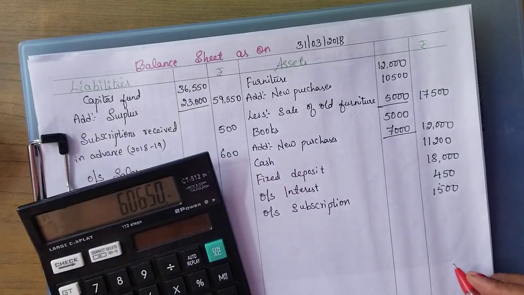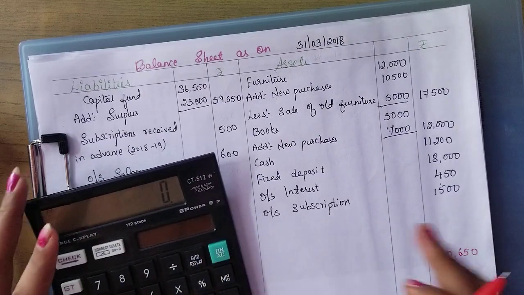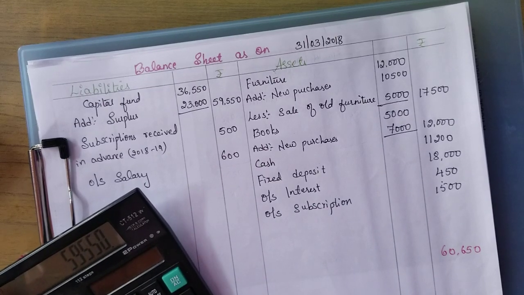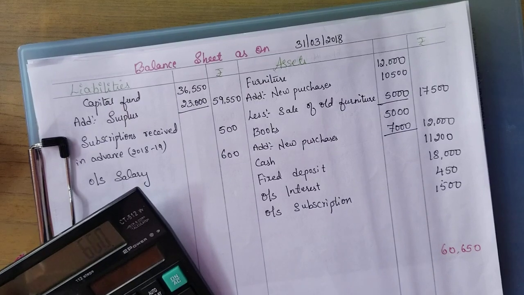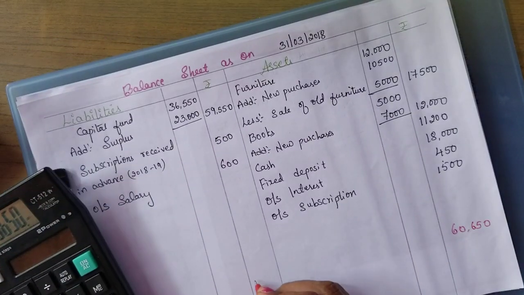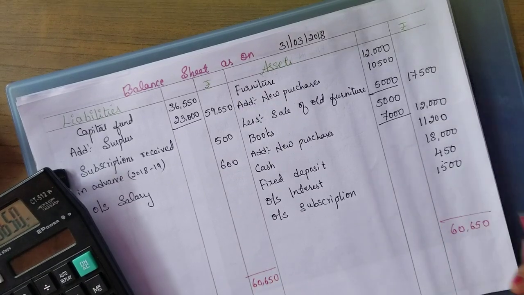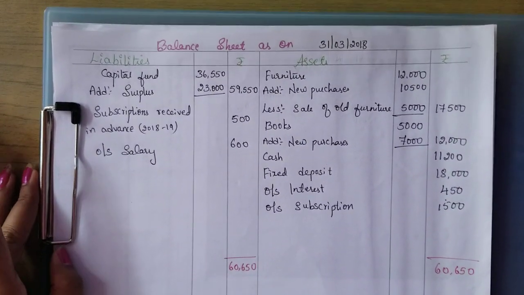So we are getting 60,650. Let me check the liabilities. 59,550 plus 500 plus 600. Yes, we are getting the same 60,650. So this is the final balance sheet.